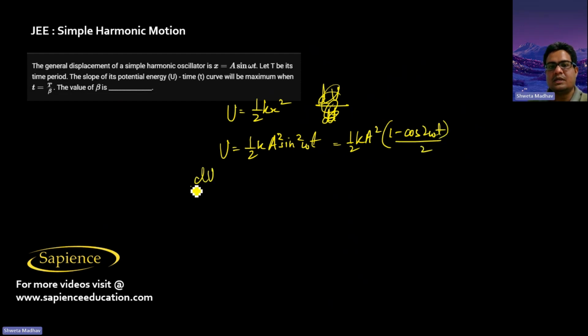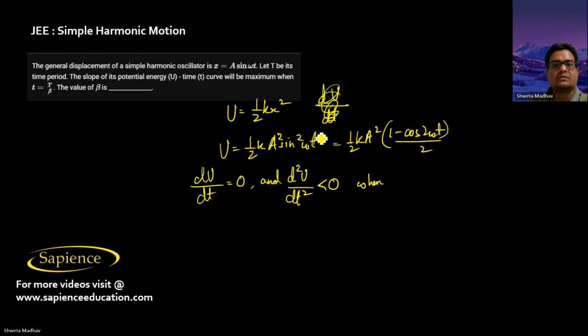So dU by dt should be equal to 0 and d square U by dt square should be less than 0 when the slope will be maximum.